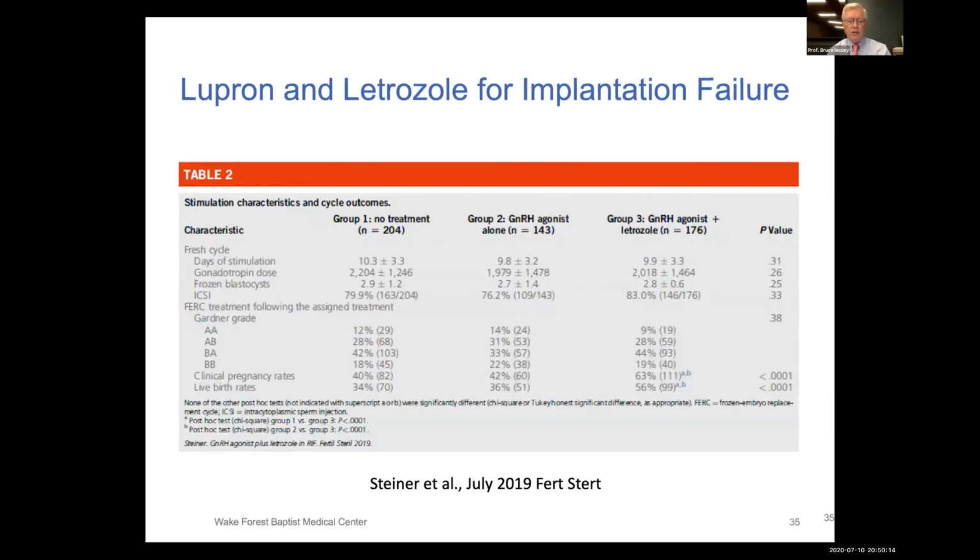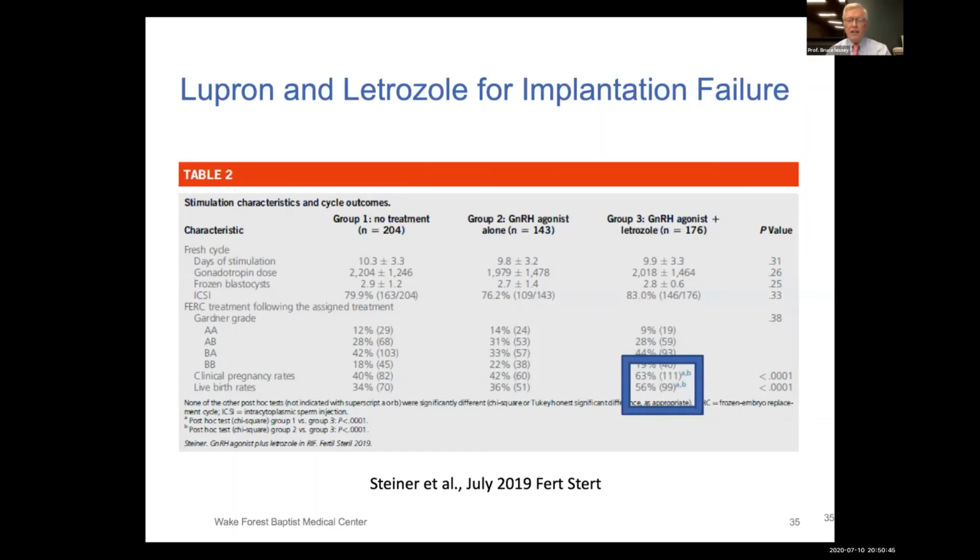But this paper, which came out in July in Fertility and Sterility by Steiner, showed that women treated with no treatment had live birth rates around 34%, with Lupron for 2 months, 36%. But if you gave Lupron plus Letrozole for 2 months, you had a much higher pregnancy rate, approaching 60%, suggesting that this is a problem that can be reversed by suppressing the endometriosis.